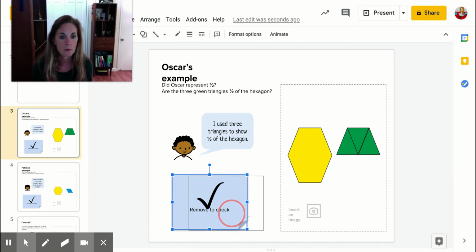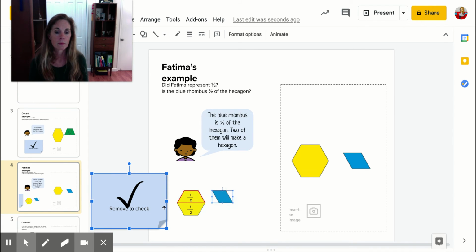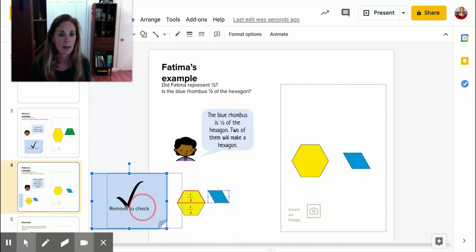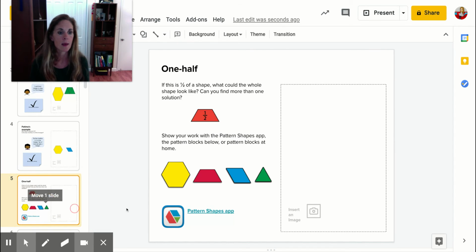Oops. I don't know how that happened. Anyway, let's watch. So is the blue rhombus half of the yellow hexagon? No, because when you land it on top, it doesn't cover up all of this part. Leaves a yellow triangle.